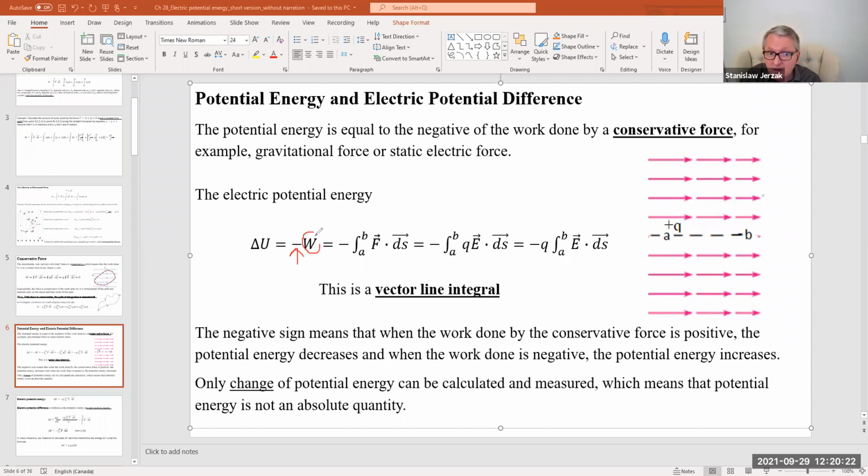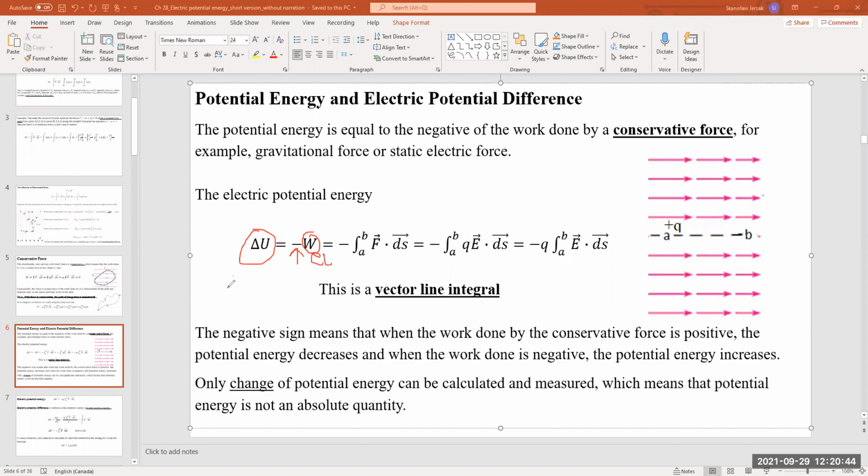This work will be done by the electric force, like you stated. The work done by the electric force can be positive or negative, and this negative sign here will guarantee that the sign of delta U will be correct.